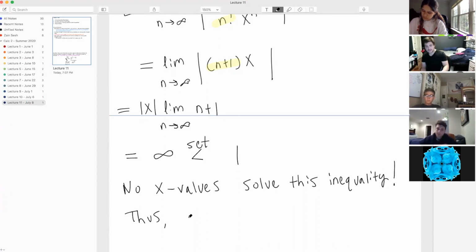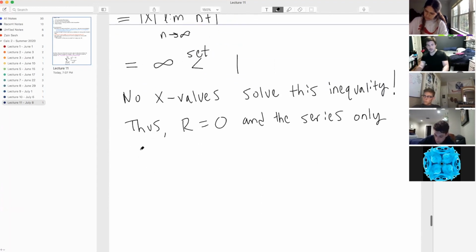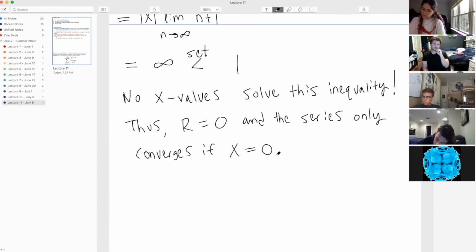Thus, the radius of convergence is 0, and the series only converges if x is equal to 0. So that was, I think, possibility 1 of our theorem.